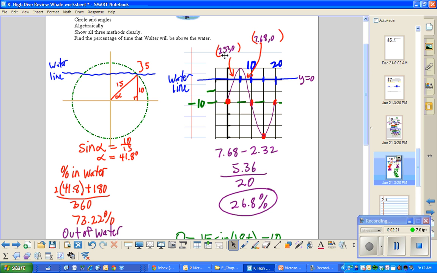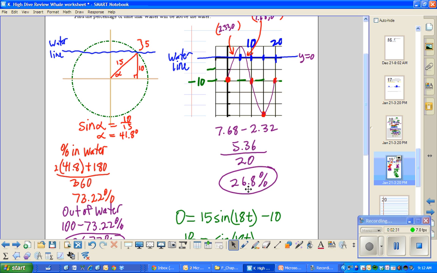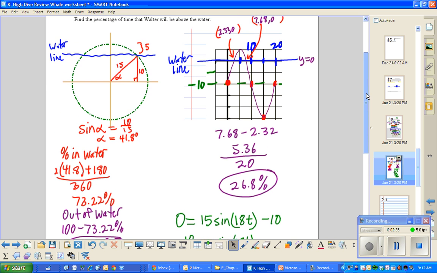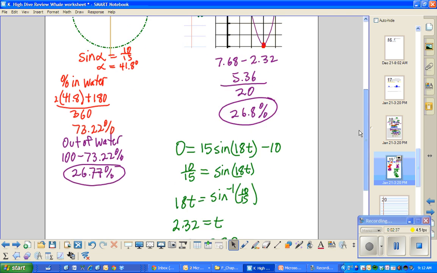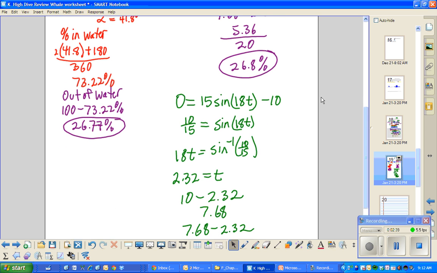So at 2.3 minutes to 7.68 minutes, it's above. So I subtracted that. That's 5 minutes out of the total 20 minutes, and I got 26.8% again. The last way, and the toughest, is solving it using an equation.